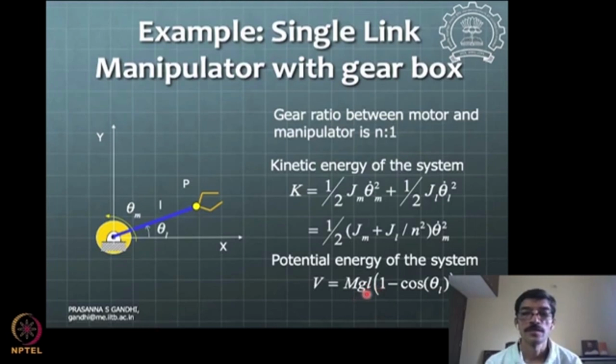This L is a little different from that L, because if you take the center of mass here, the potential energy should be for the center of mass. So you make that correction.